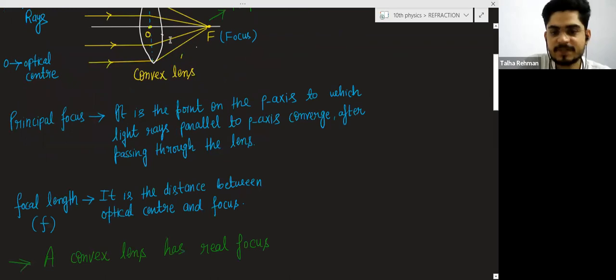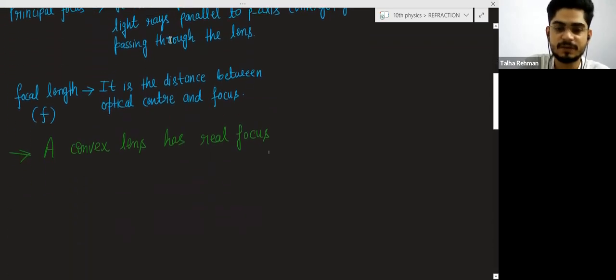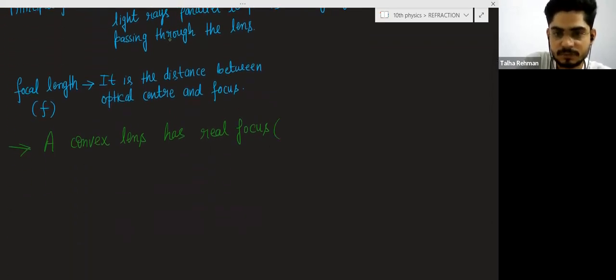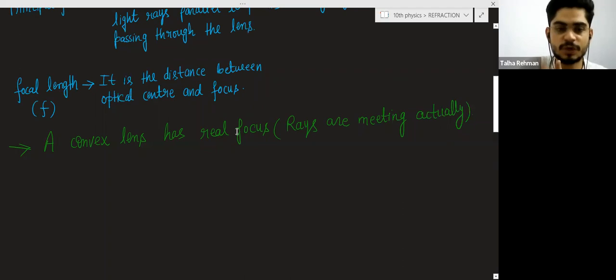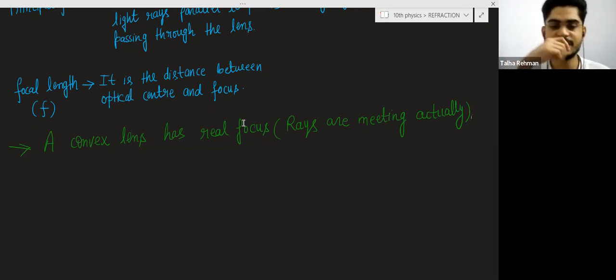Because rays here are actually meeting. Okay, just note this point. A convex lens has real focus.